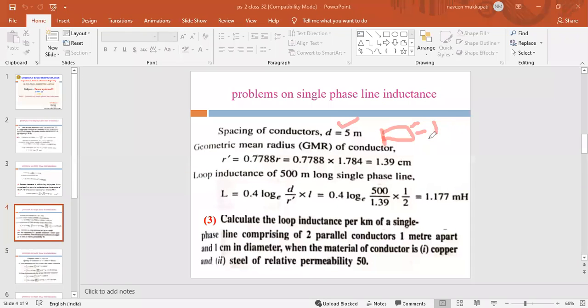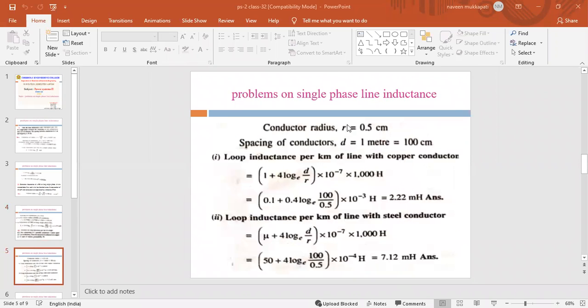Therefore, R is equal to 1 by 2, the radius R is equal to 0.5 centimeters. Then the spacing of the conductors: what is the distance between the conductors? D is equal to 1 meter, that is 100 centimeters.